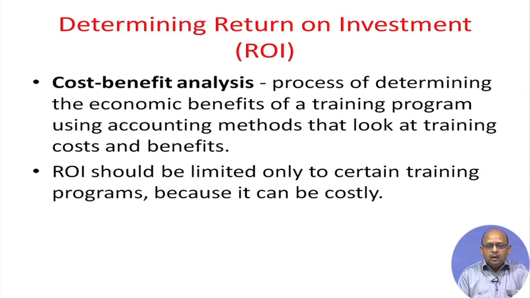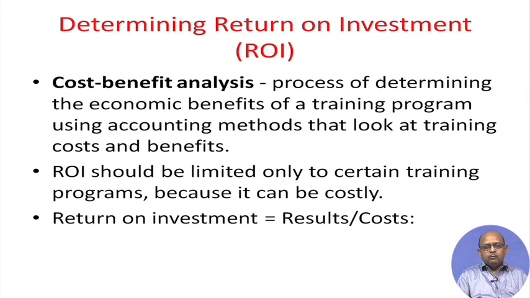So, all other external factors have to be isolated, so that you are in a position to calculate the costs associated with the training and the benefits which are exclusively due to training. So, you need to isolate or control other factors, okay, so that you are able to measure the effect in terms of ROI.